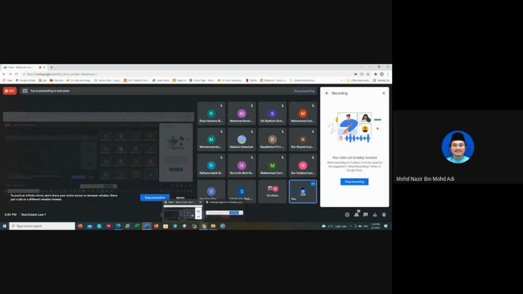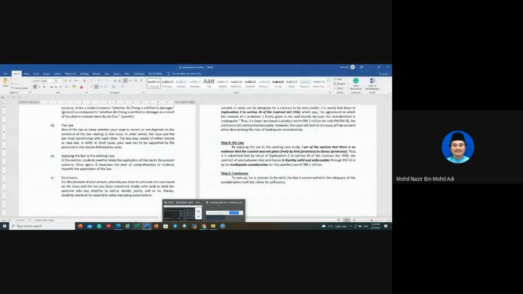So how do you know that your answer is right? Normally, look at the notes given to you, the handouts. If the handouts explain to write the law and the cases, then you have to write both, the provision under the law and also the case.